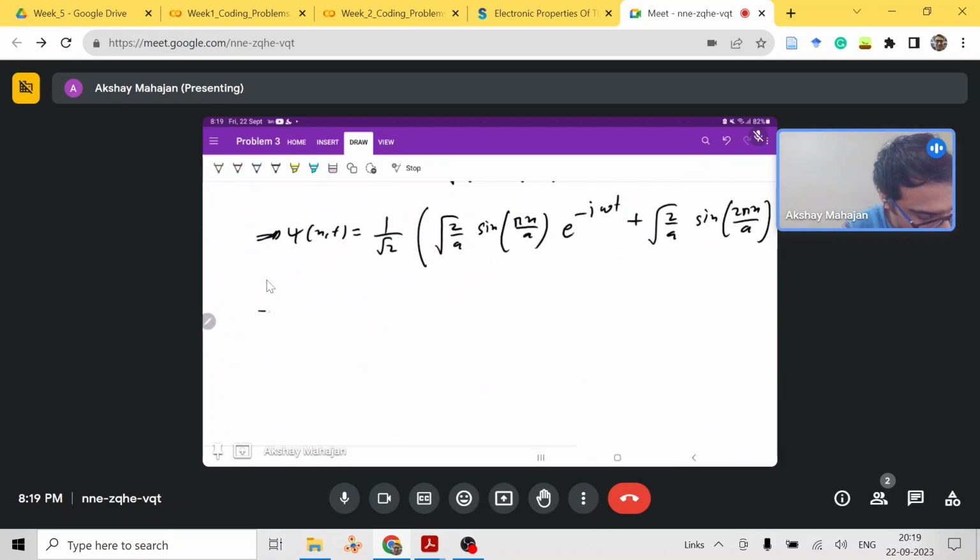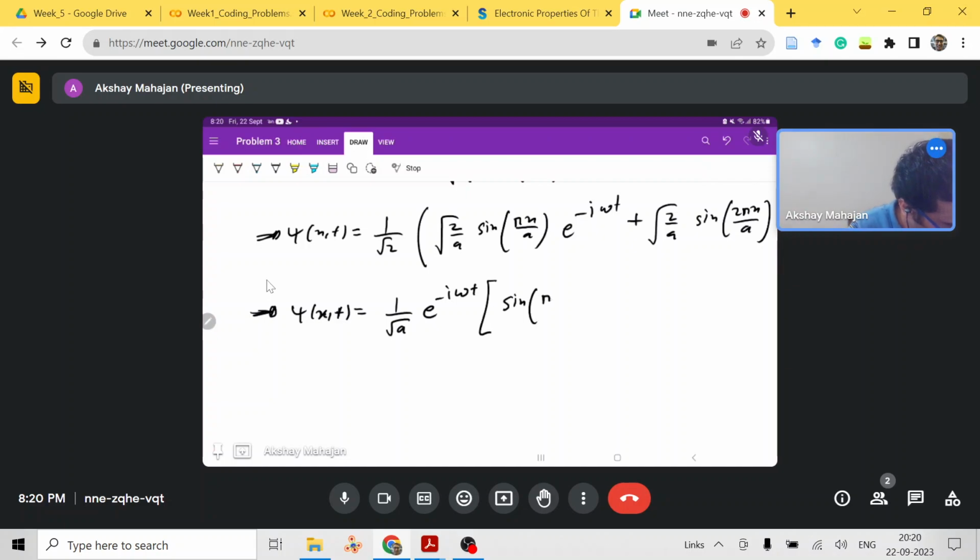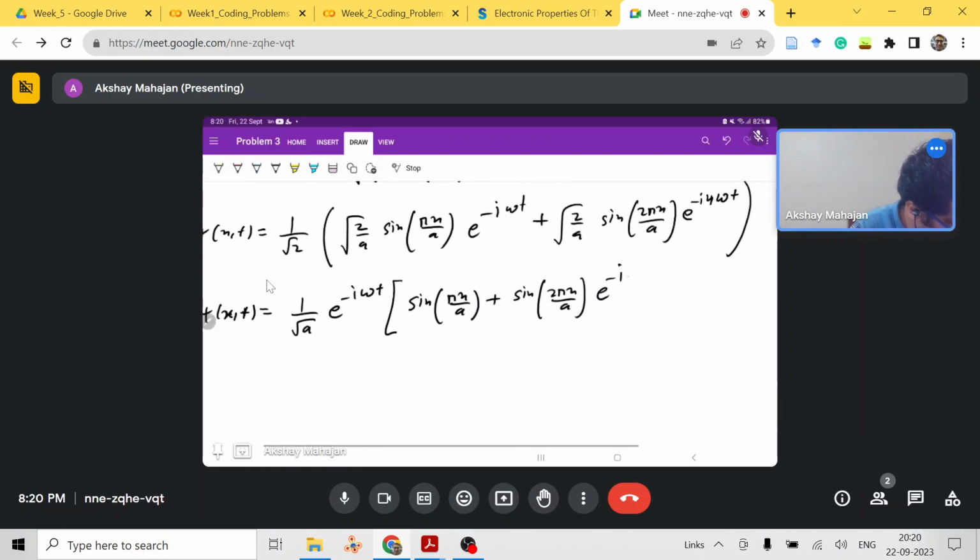So what I will do, I will take this root 2 by a e to the power minus iota ωt common. So ψ(x,t) will be equal to, if I take under root 2 by a, those things cancel out. We are left with 1 by under root of a e to the minus iota ωt times sin(πx/a) plus sin(2πx/a) times e to the power minus iota 3ωt.